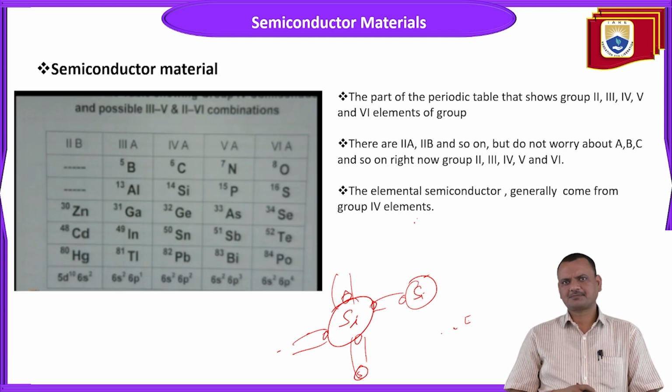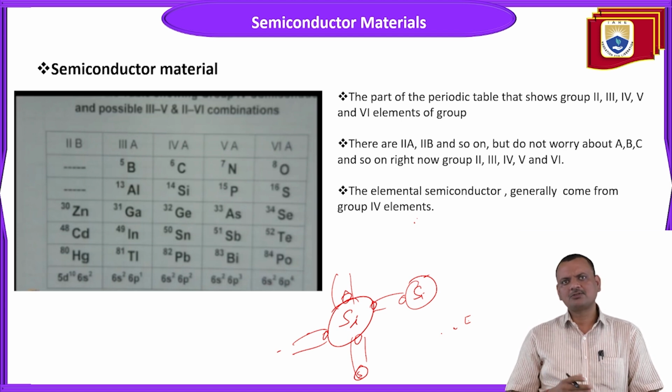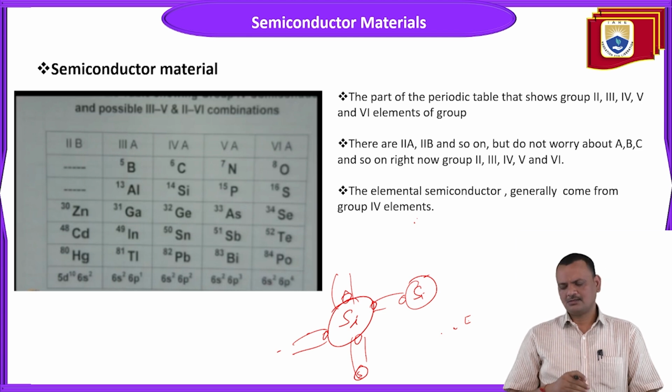Similarly, indium antimonide, or you can say aluminum arsenide, or indium phosphide. Indium is a third group element, so the outermost shell contains 3 electrons. Phosphorus is a fifth group element, so the outermost shell contains 5 electrons.